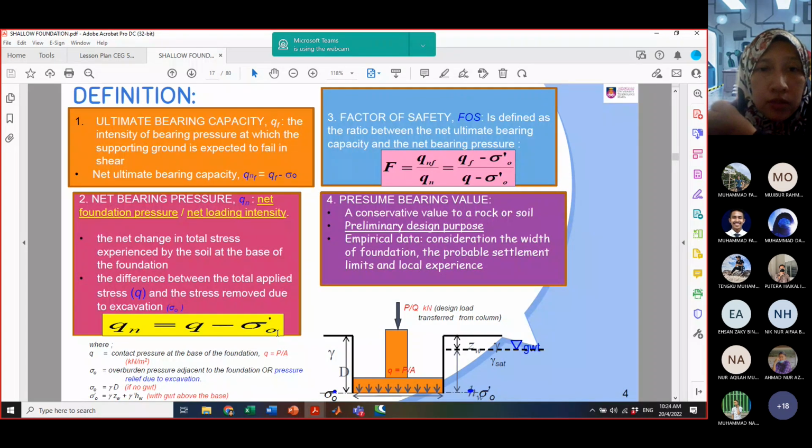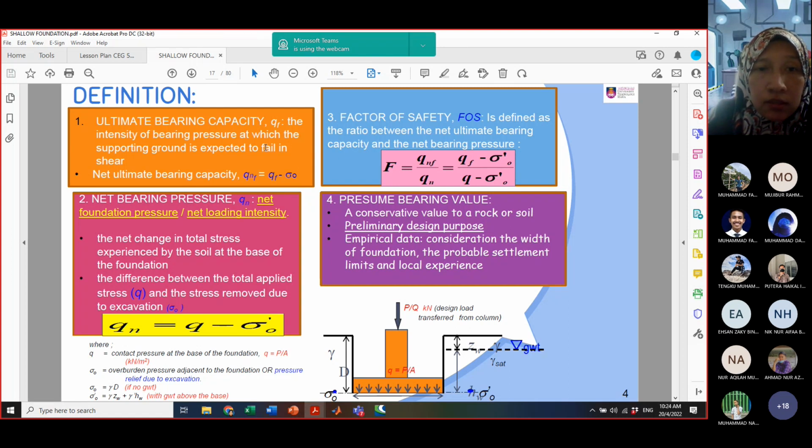First of all, you have to understand the definition of the ultimate bearing capacity and the notation symbol that represents each one. The ultimate bearing capacity, Qf, is the intensity of bearing pressure at which the supporting ground is expected to fail in shear.